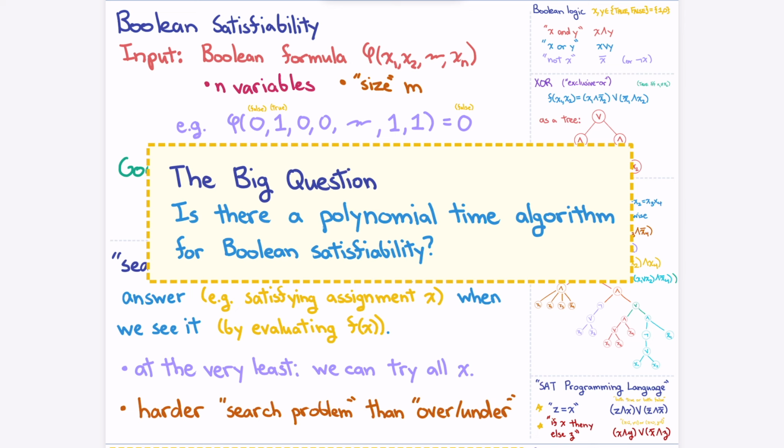What do you guys think? Any thoughts about this? A tree? Yeah, you can always take the formula and turn it into a tree. That's not so hard. I give you the tree. But you're still trying to figure out if there's a satisfying assignment for the tree.